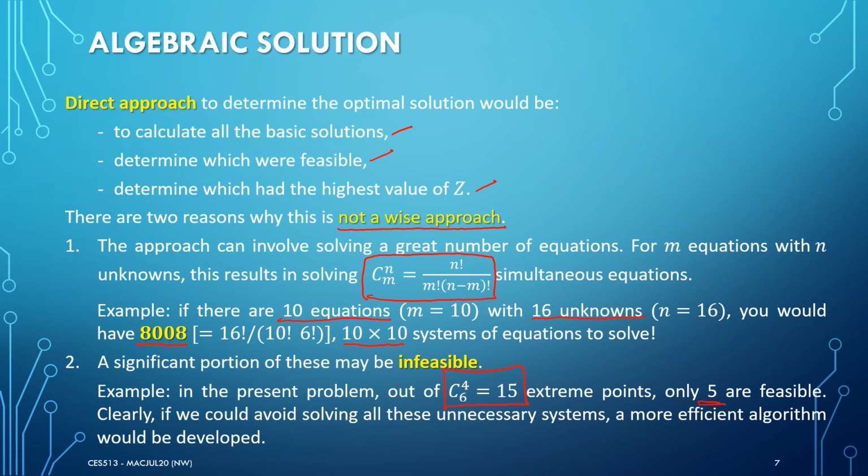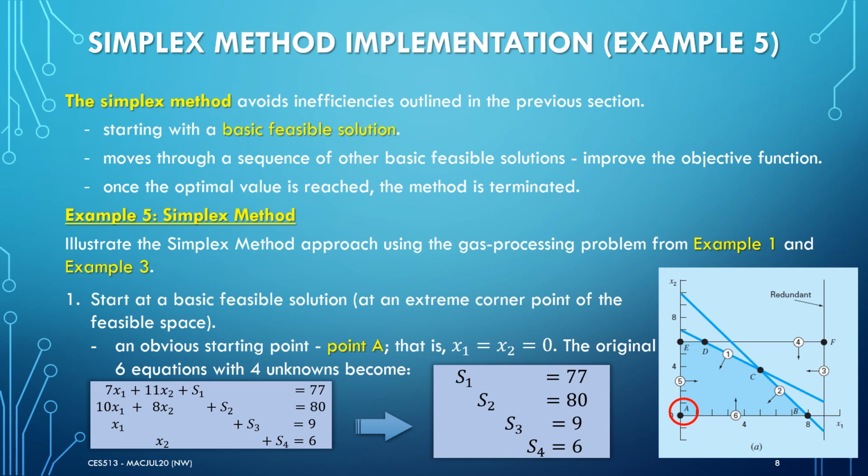So clearly, if we could avoid solving all these unnecessary systems, a more efficient algorithm could be developed. Let us look at how to implement the simplex method. This method is described in example 5. The simplex method avoids the inefficiencies outlined in the previous section.